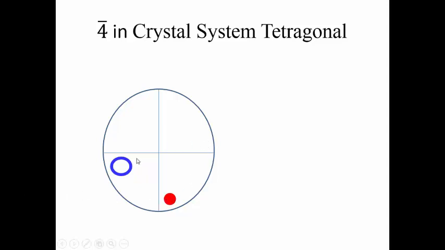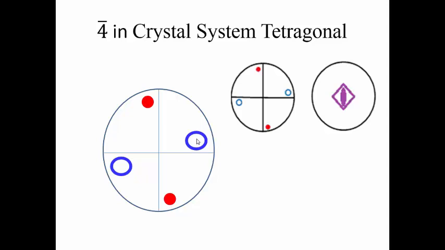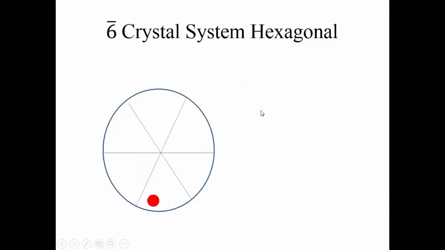Counterclockwise by 90 degrees, and you come out here below the plane. And so you continue on, and when you go here, you're going to end up just cycling around to what you started out with, and so the order is going to be 4 for 4 bar. So here we have the symbol and the point stereographic projection.